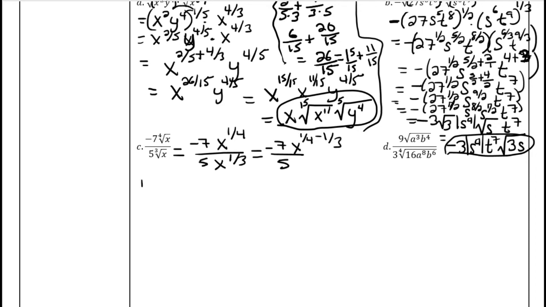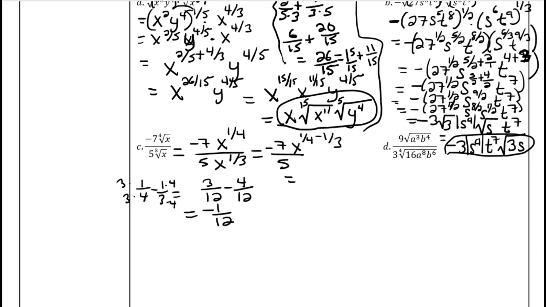I'm going to do that on the side. The common denominator is 12, so I need to times this by 3, times this by 3. I need to times this by 4 and times it by 4 to get 12 on the denominator. So I get 3 over 12 and 4 over 12, which gives me -1 over 12.